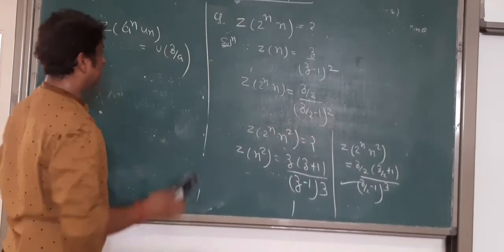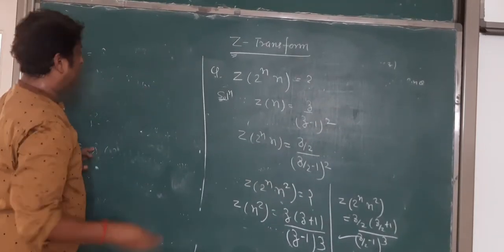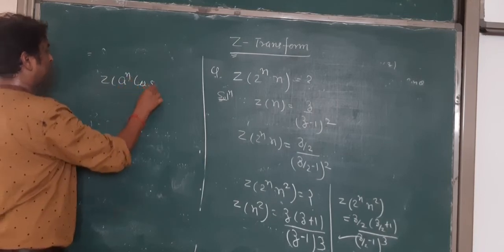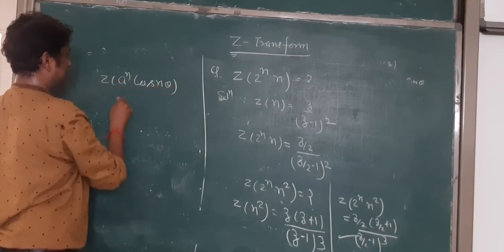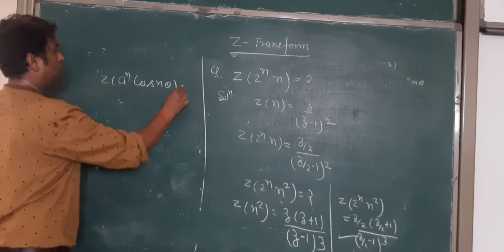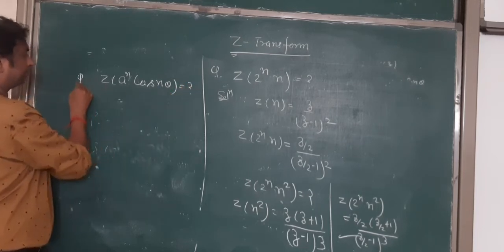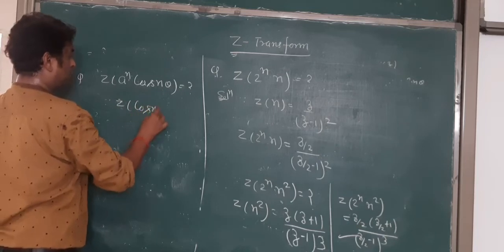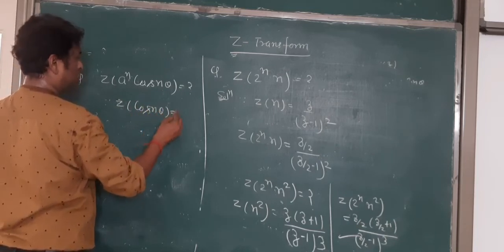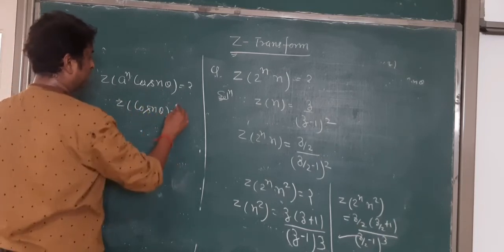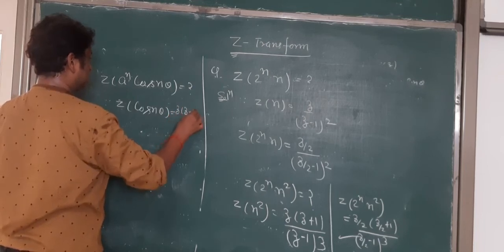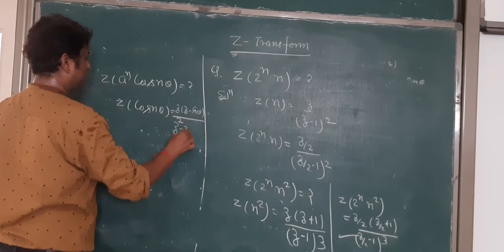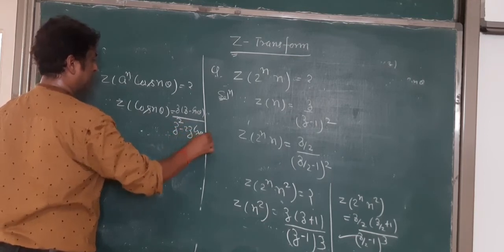Also so easy. Similarly, what is the z of a to the power n cos n theta? How do we calculate it? Because z of cos n theta we know. Just now we calculated z of cos n theta as z minus cos theta upon z square minus 2z cos theta plus 1.